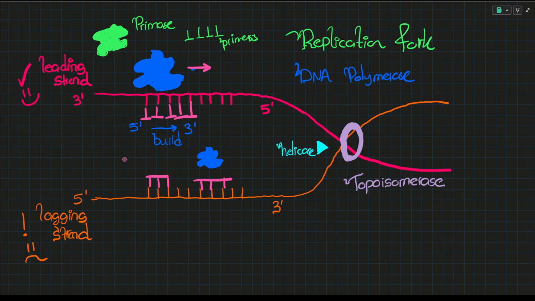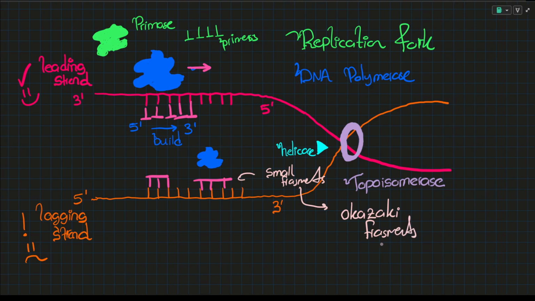Now the thing is, these small fragments are given a specific name. It's a very unique name. It's actually the name of a person: Okazaki fragments. I'm going to try to see if I remember his full name.